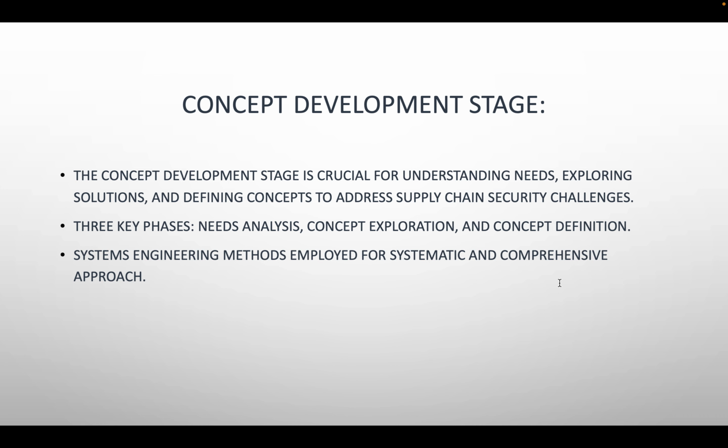Real-world examples from the IBM case study and industry resources demonstrate successful approaches and solutions. The application of system engineering methods, such as trade off analysis, helps evaluate different security measures and make informed decisions.